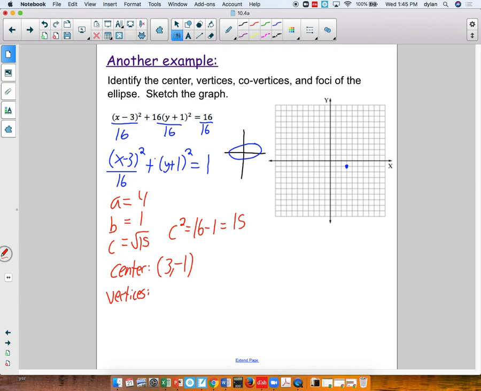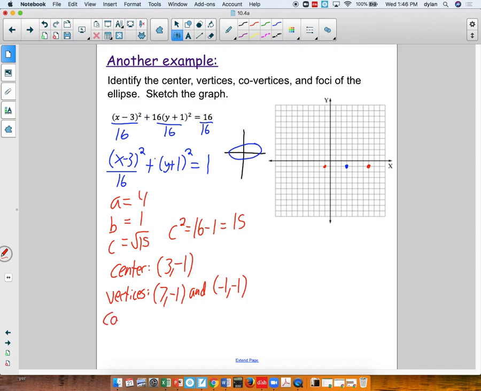Specifically, they're going to go up by 4 and down by 4 from the center. So our vertices would be at (7, -1) and (-1, -1).